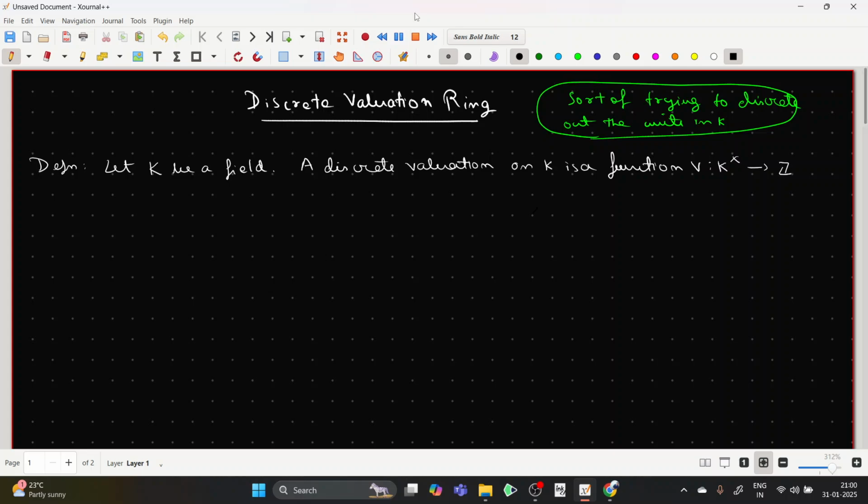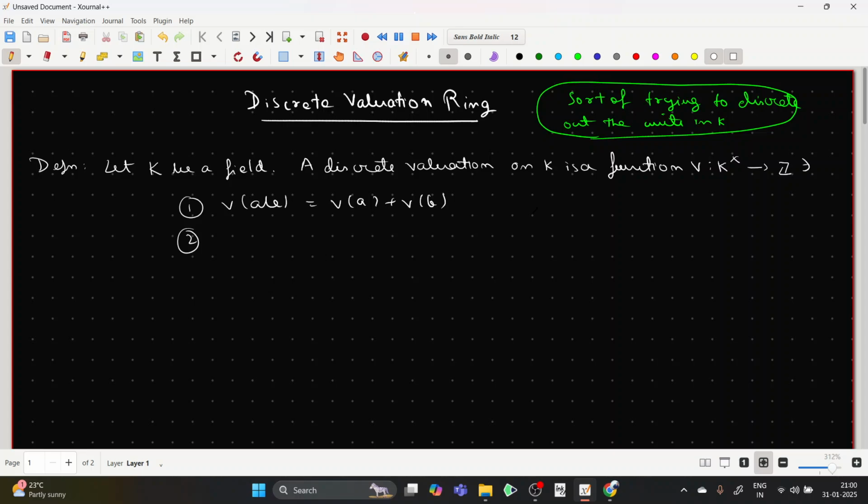So a discrete valuation on K is a function V from K cross to Z, such that it satisfies the following properties. Number one is that V is a map which distributes product to additions.